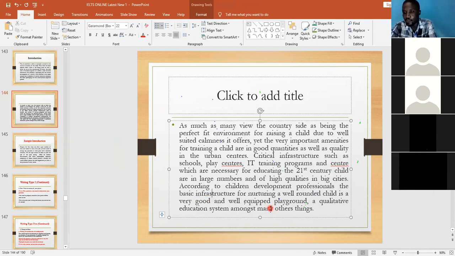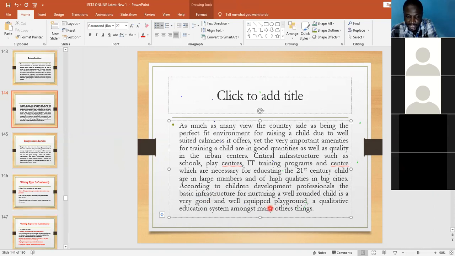Okay, so I have been able to introduce a point. If you look at it from here, I introduced the idea, and in this part, I explained the idea because I went into further details of what those amenities critical to a child's development were.